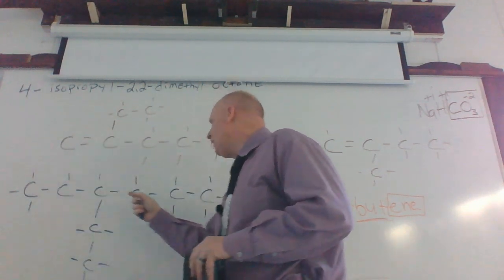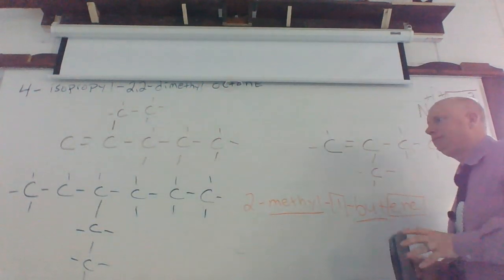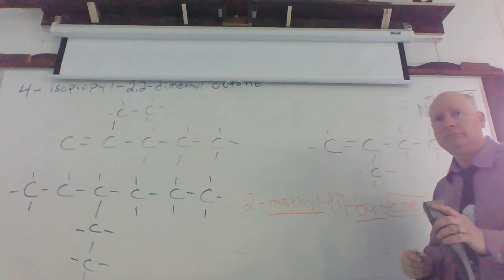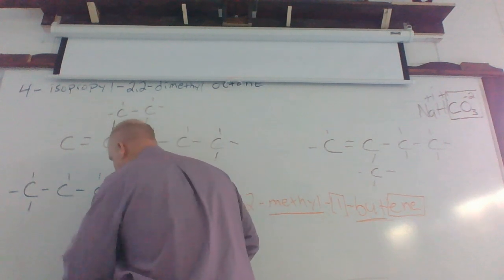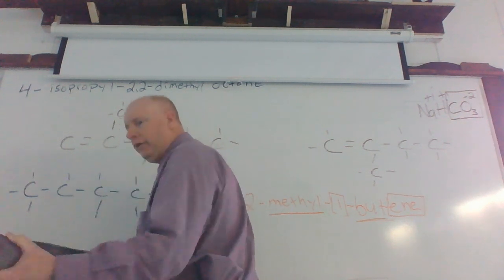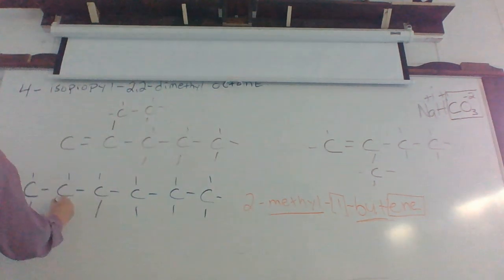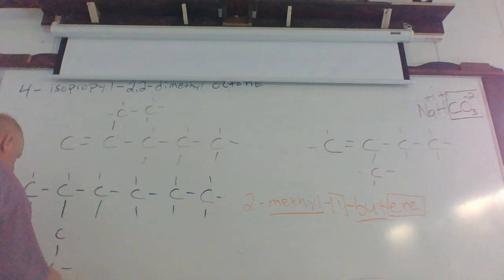What is your parent chain as it stands right now? Hexane. But if we do this, pick him up and move him over, now we've got heptane. That's why it's a little different. You got to be a little more careful when you're dealing with double bonds as opposed to single bonds. Okay. Clear? Clear as mud?